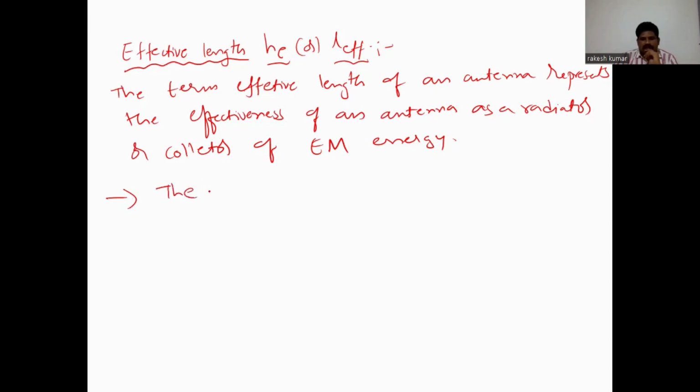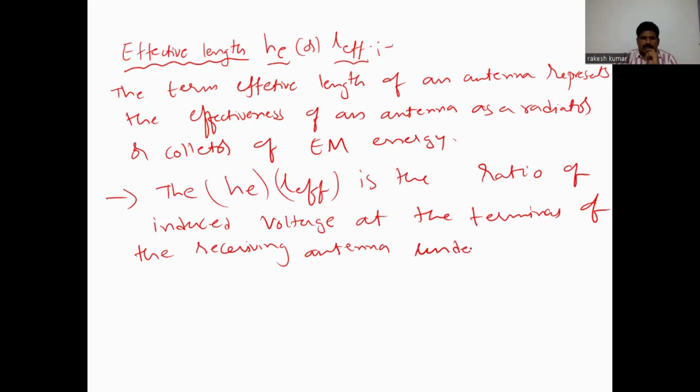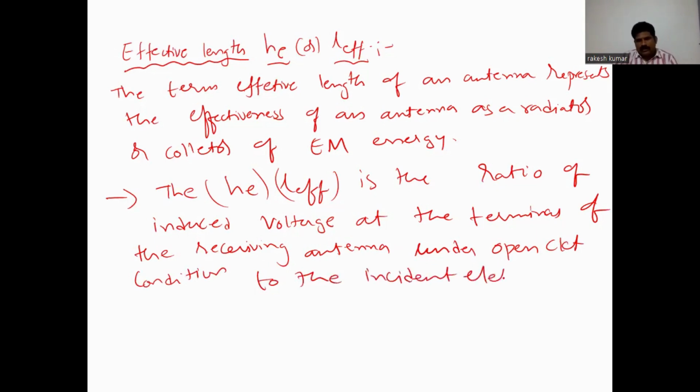The definition of the effective length is the ratio of the induced voltage at the terminal of the receiving end under open circuit condition to the incident electric field.